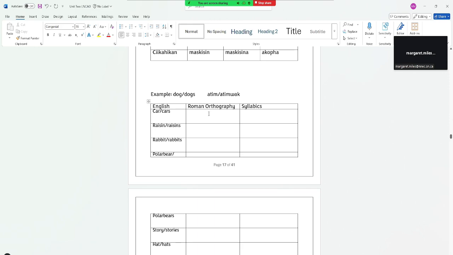So you would write on the Roman and syllabics. For car, you can say Utapan, Utapanak, car and cars, and write them both in syllabics.